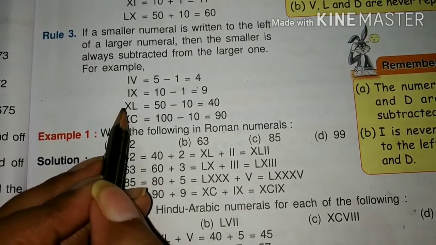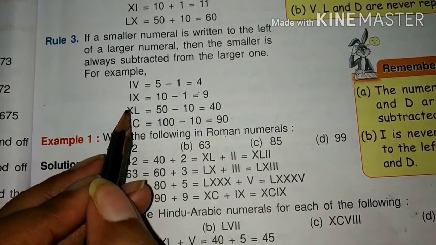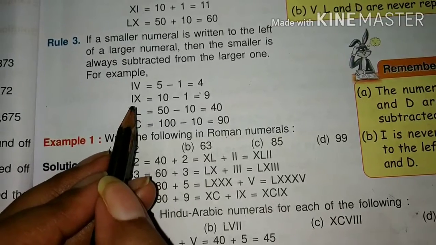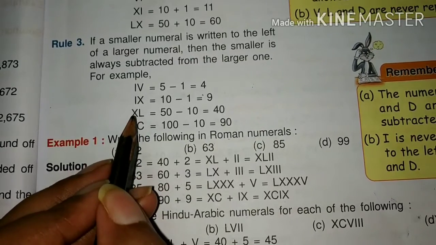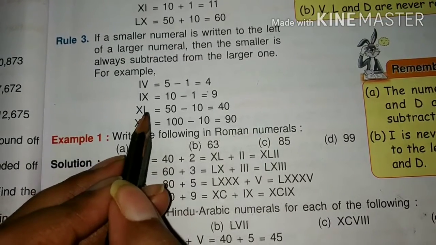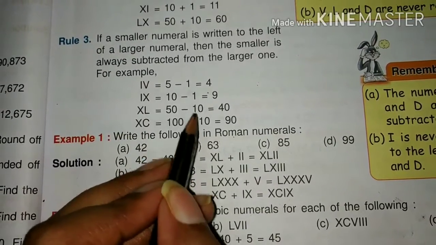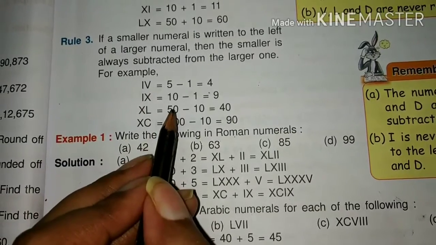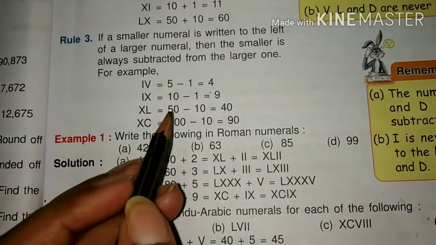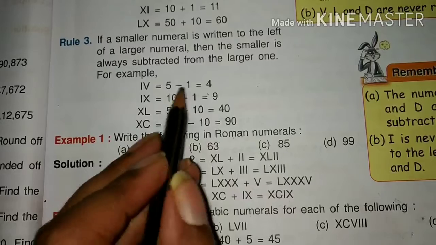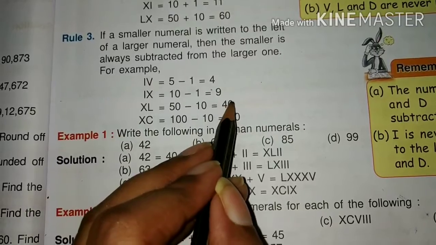Students, you can see that here smaller symbol, that is X, is written on the left side of the larger symbol, that is L. So X is subtracted from L. Students, value of X is 10 and value of L is 50. So 10 is subtracted from 50. So 50 minus 10 is 40. So value of XL is 40.